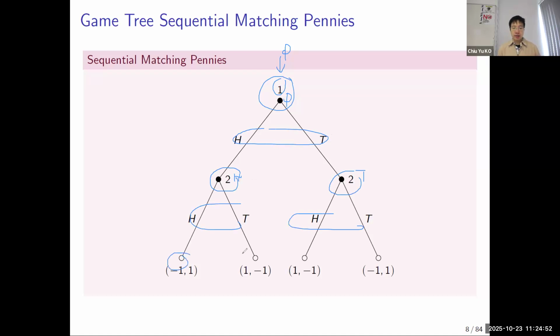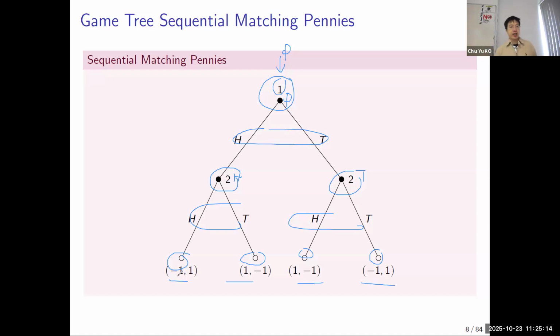The terminal nodes are hollow nodes, and the payoffs are at the end. So everything is well defined from this tree. Although the tree looks simple, it actually includes everything we need to define the game.